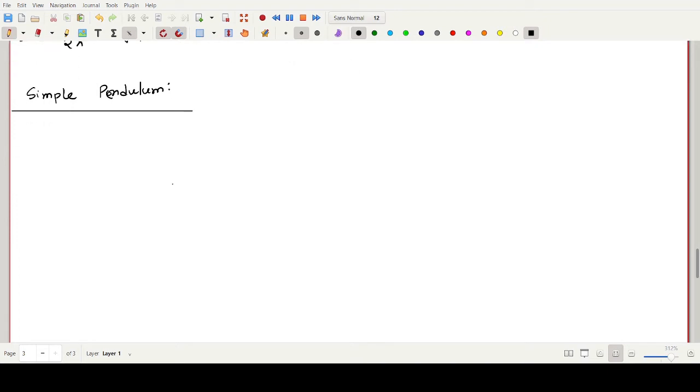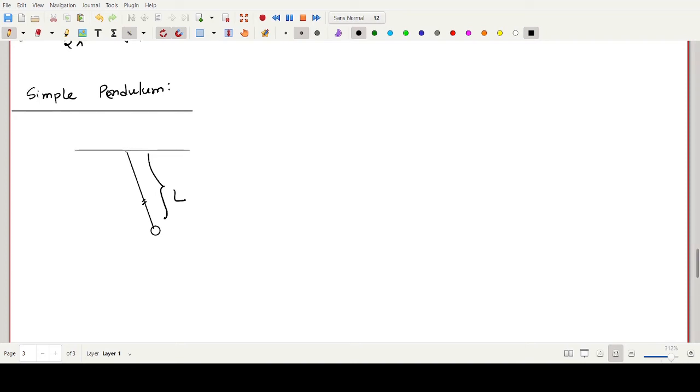Simple pendulum is basically a particle of mass m suspended from one end of an unstretchable massless string. This is the unstretchable massless string of length L. So that is fixed at the other end.